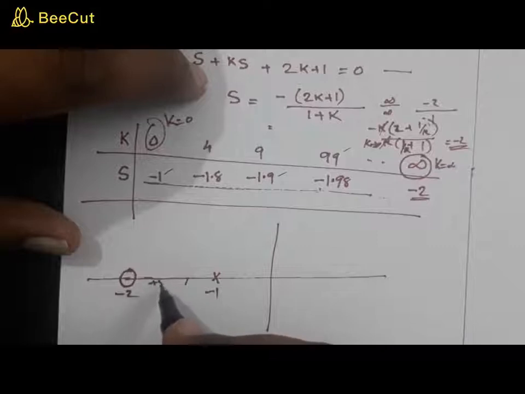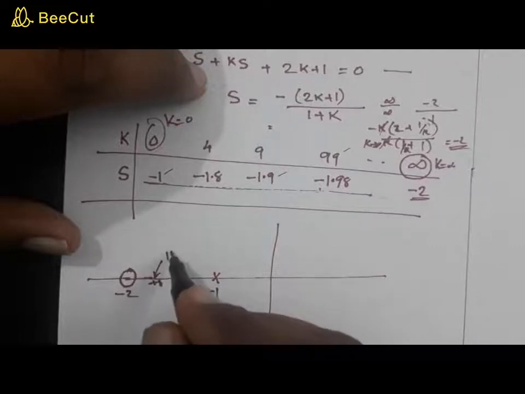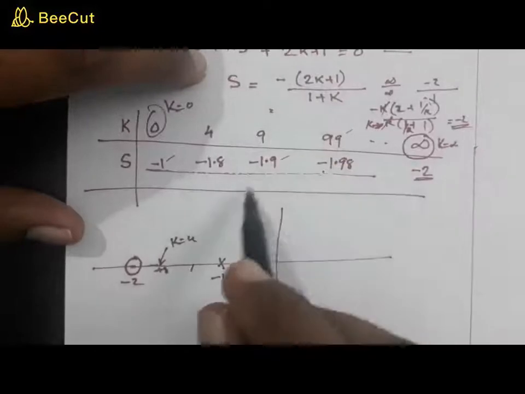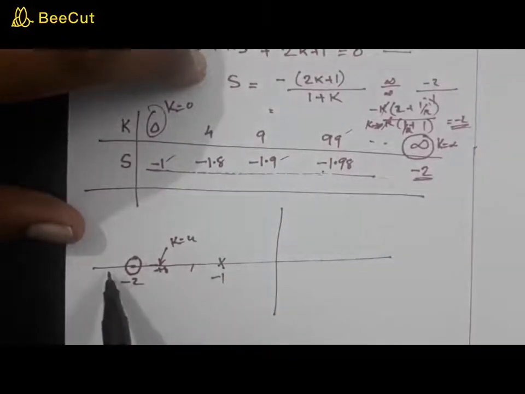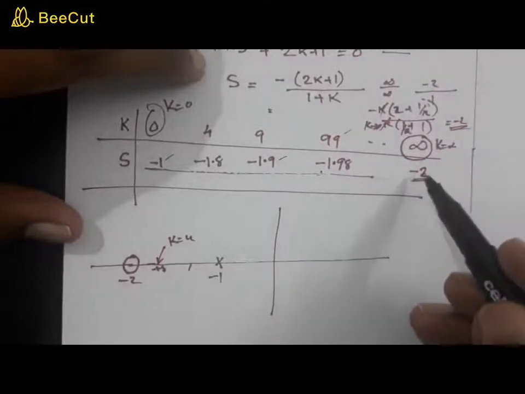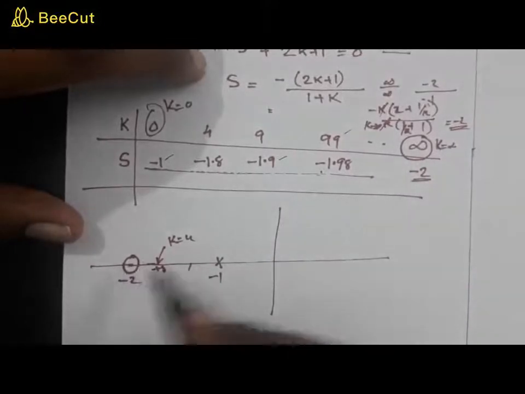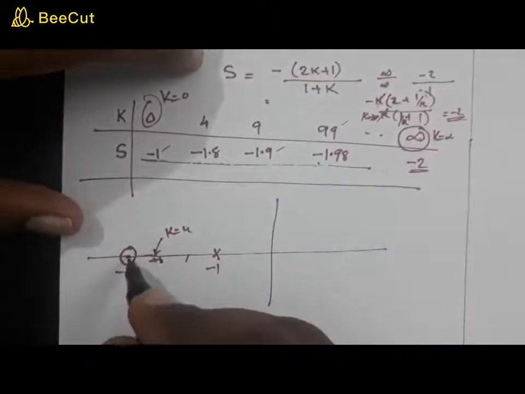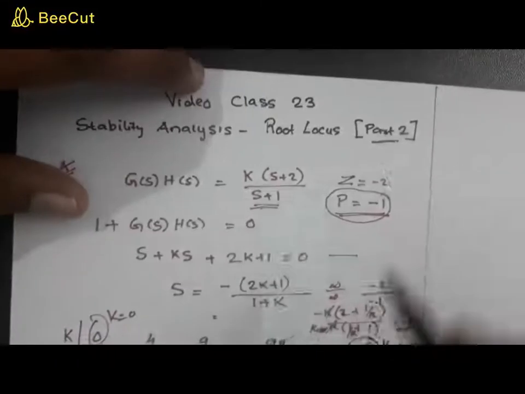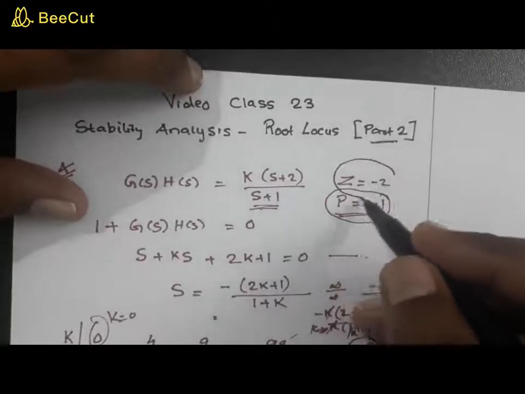So this becomes minus 1.8, this is the point at k is equal to 4, and at k is equal to 9, it becomes closer. K is equal to 99, it gives more and more closer. And at k is equal to infinity, it has reached the point where a 0 is placed, at minus 2.